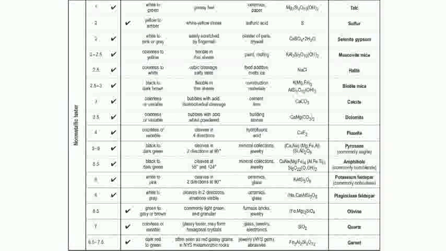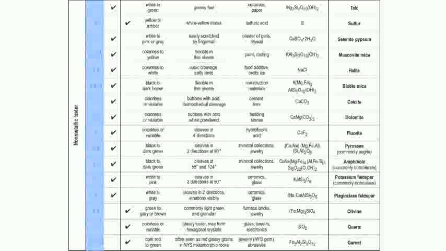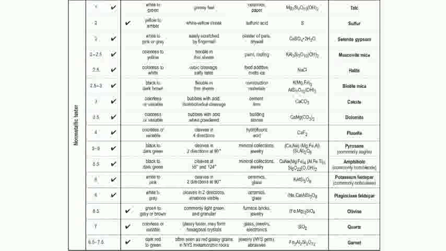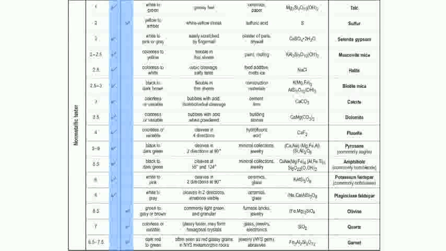So for instance, all the way to the left, there's your luster, non-metallic. Next section over, that's going to be your hardness. Hardness goes from 1 to 7.5. Again, 5.5 is the boundary. Anything less will not scratch glass. Anything more will. Next over, it's going to be the way the mineral breaks. The majority of our check marks are underneath cleavage, which means it's going to break along a flat surface.